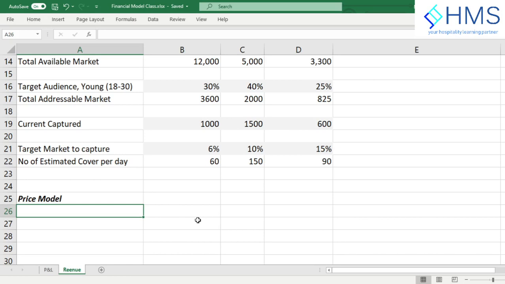Every restaurant has some signature items, so that we can start to compare how much is the average price that you will be able to charge your customers. Now there may be other ancillary services or other products. If you have, let's say, two or three signature products, then you have to calculate all the two and three, and then we can capture the average of how much would be the average spending in these three locations. So that is what we are going to learn in the next video.